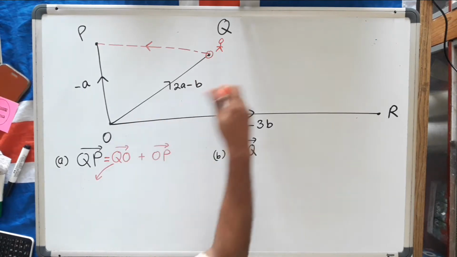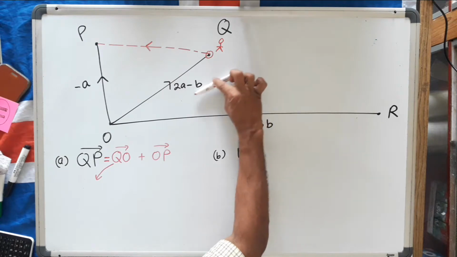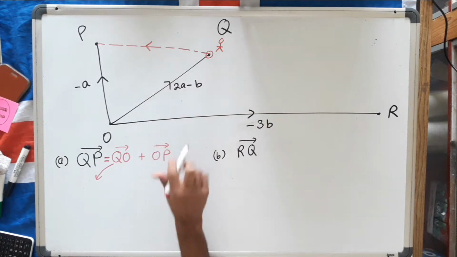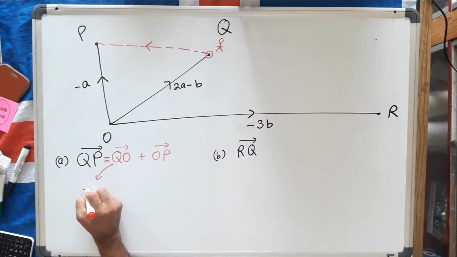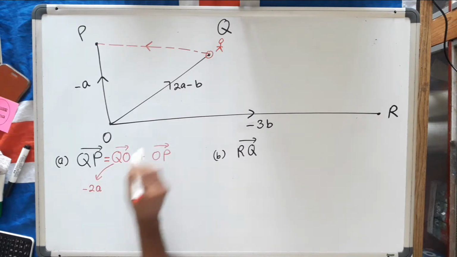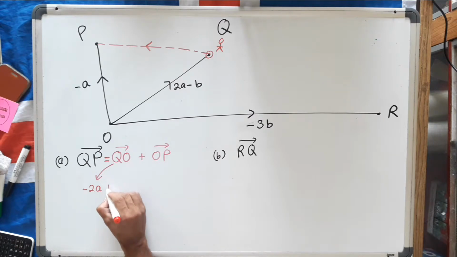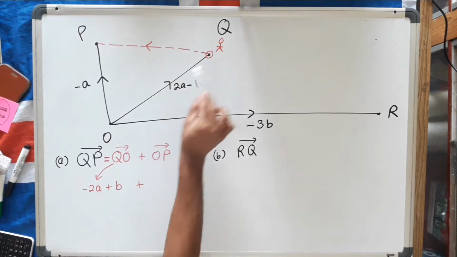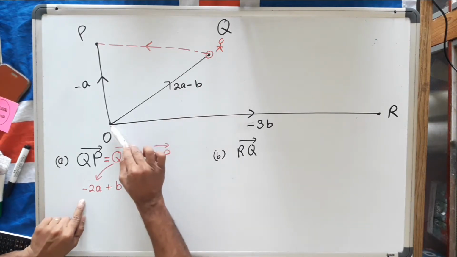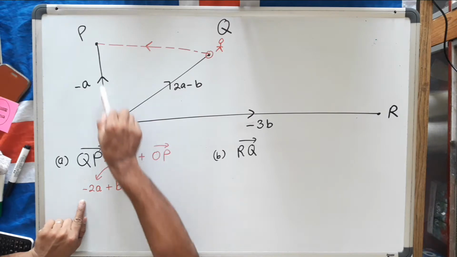QO, is that with the arrow or against the arrow? It's against the arrow. So I have to make everything here the opposite. The positive 2A becomes minus 2A, and the minus B becomes positive B. Put the plus sign here, that's this plus sign. When we go from Q to O, now it's time to walk from O to P. I am going with the arrow.